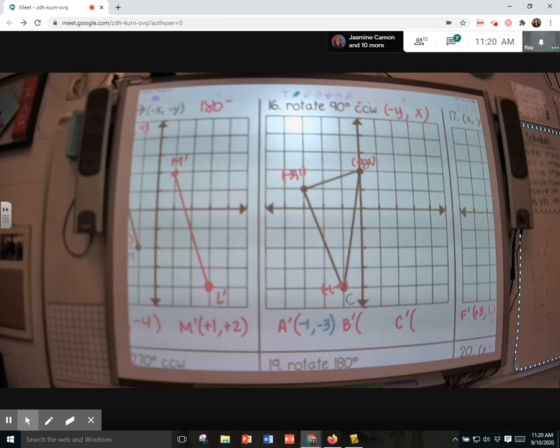That's 90 degrees clockwise. You guys tell me what points you got.